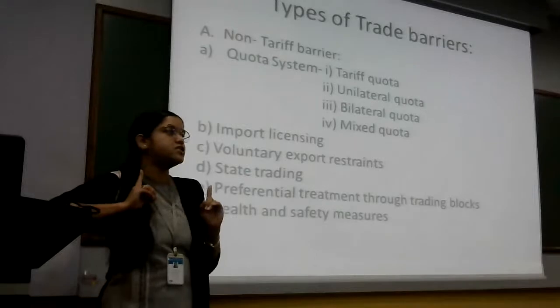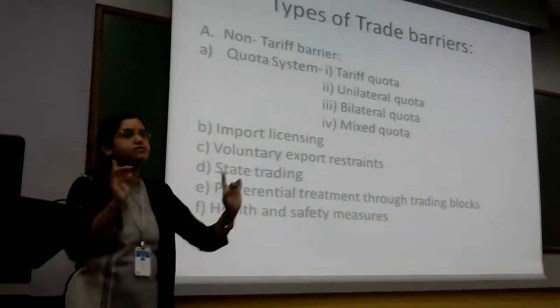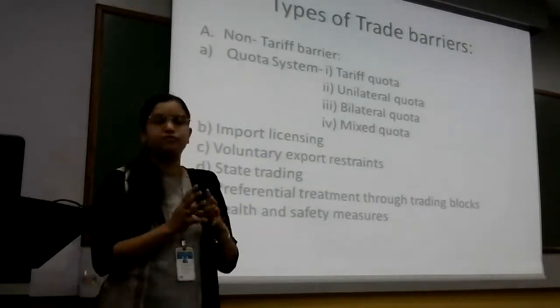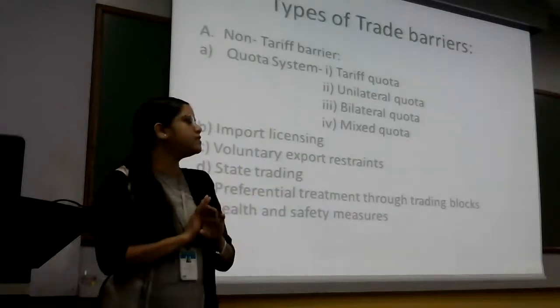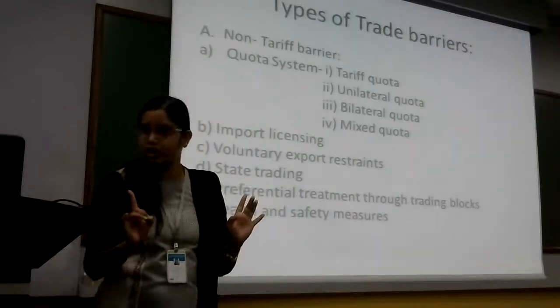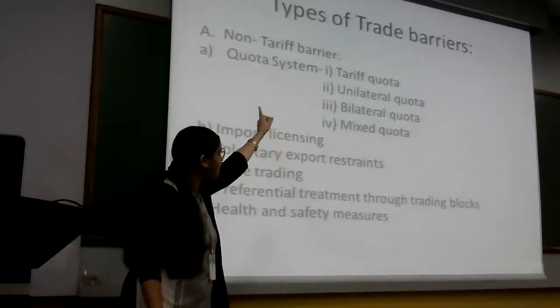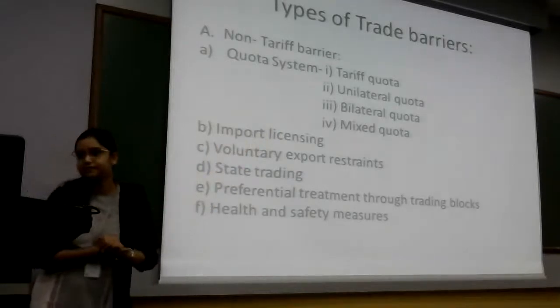The host country will fix it. For example, if the host country says the percentage is 34%, it should be 34%. Beyond that, nothing. Under the quota system, there are 4 types: tariff, unilateral, bilateral, and mixed.